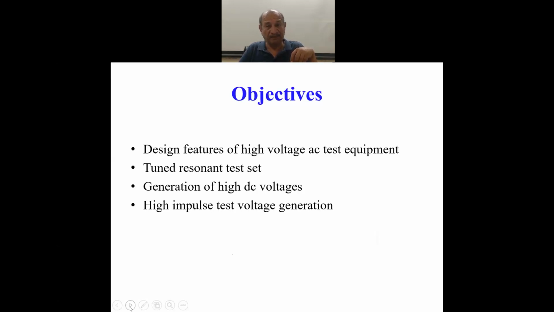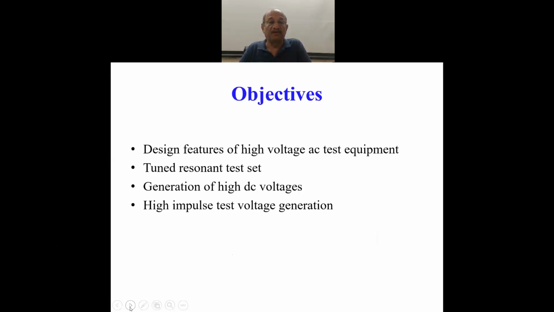If you provide some inductance in the circuitry of the test voltage generator, at power frequency, the capacitive and the inductive current would neutralize, and the total magnitude of the current requirement would reduce, and that is desirable. So that is called a tuned resonant test set.